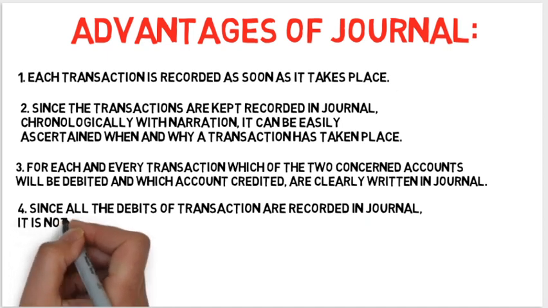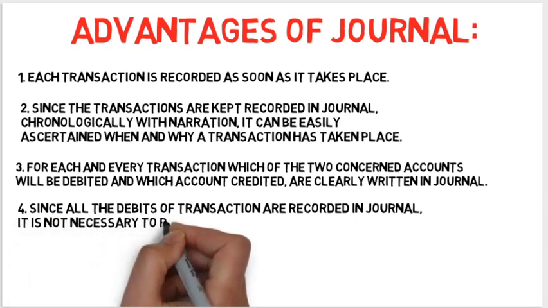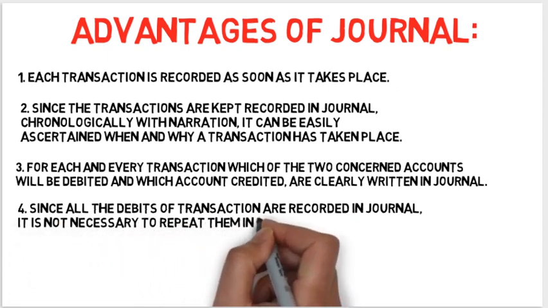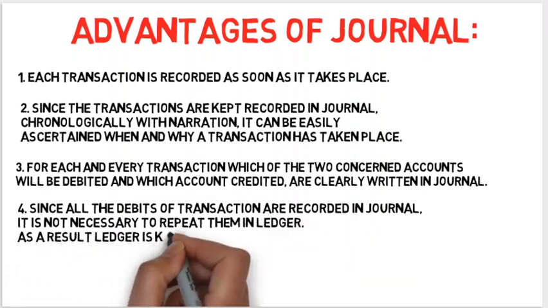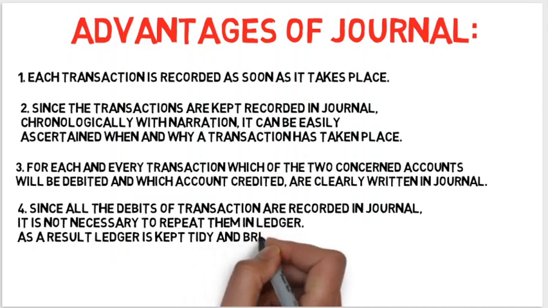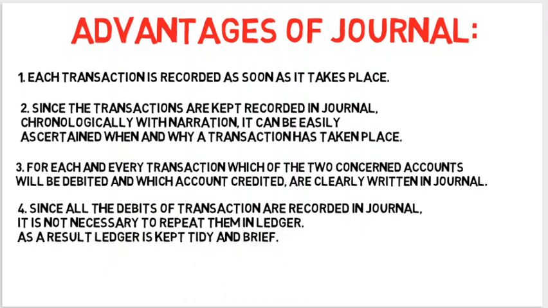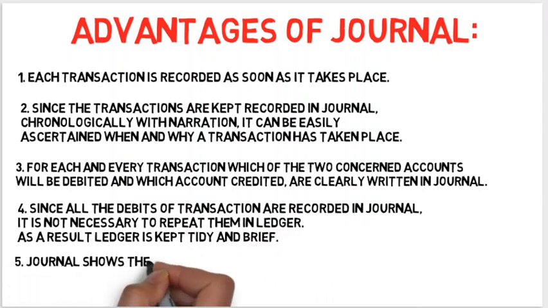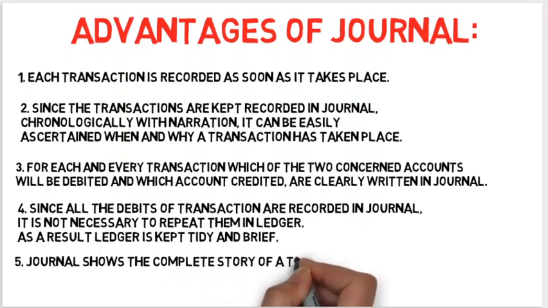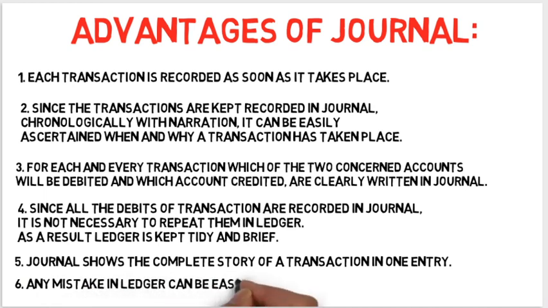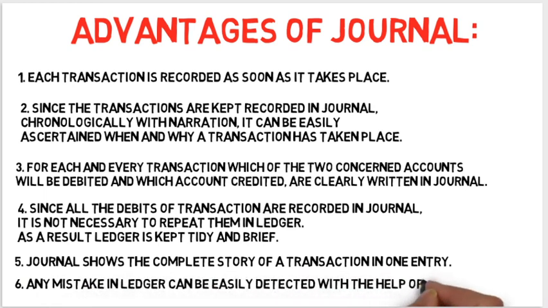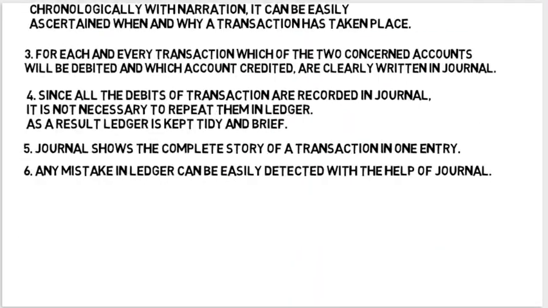Fourth, since all the debits of transaction are recorded in journal, it is not necessary to repeat them in ledger. As a result, ledger is kept tidy and brief. Fifth, journal shows the complete story of a transaction in one entry. Last one, any mistake in ledger can be easily detected with help of journal.